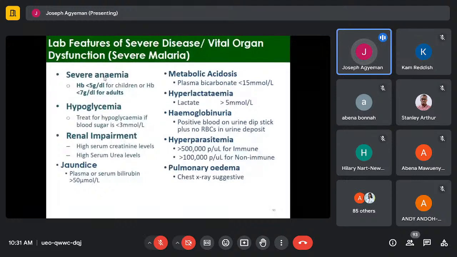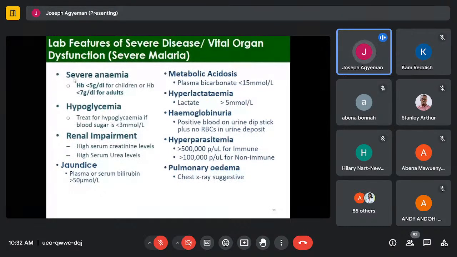In severe malaria, we are expecting severe anemia. So when do we say that in malaria we have severe anemia? In pediatrics, when the Hb drops below 5 grams per deciliter, and in adults, when it drops below 7 grams per deciliter.